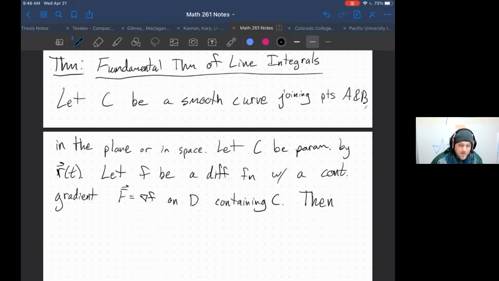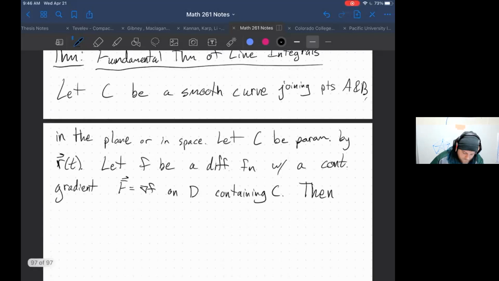So just like the fundamental theorem of calculus in Calc 1, this fundamental theorem of line integrals says a very similar statement.